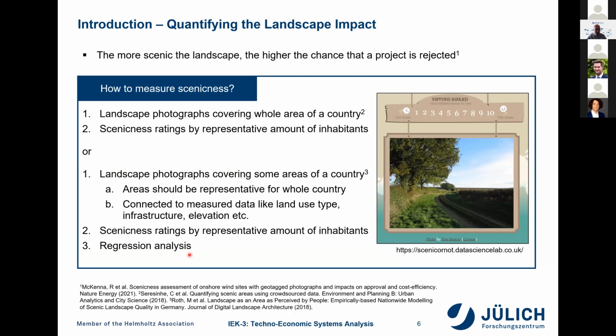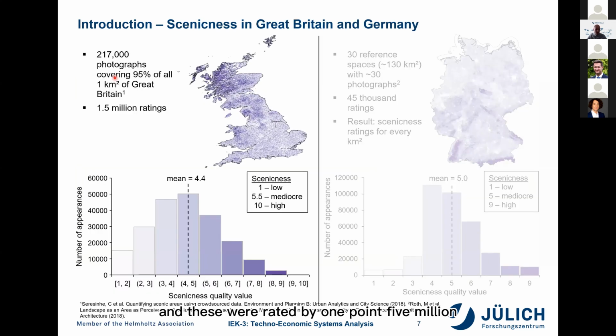To show you the results of these two approaches, the first one was used for Great Britain, which can be seen here. 217,000 photographs were taken, which covered 95% of all 1 kilometer squares of Great Britain, and these were rated by 1.5 million ratings.